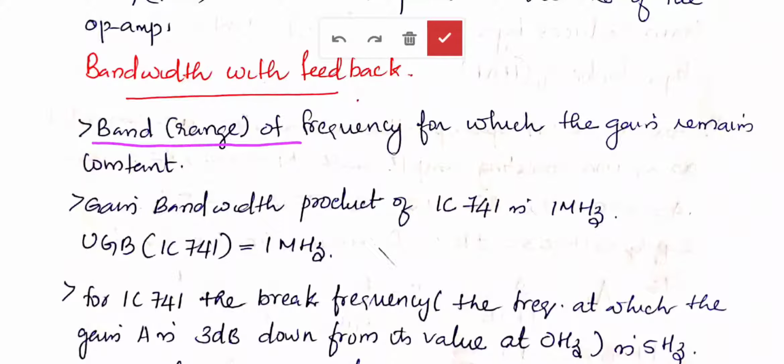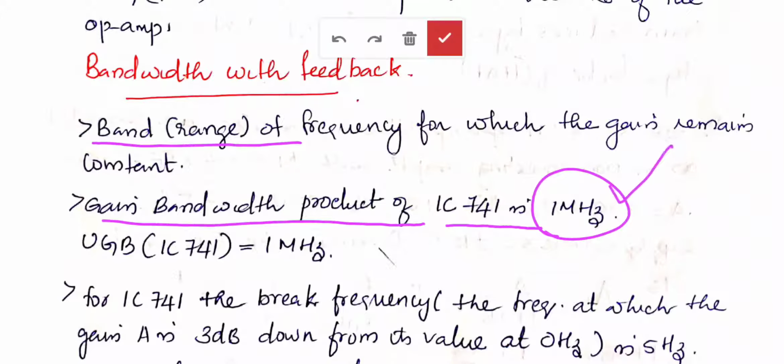Normally in this textbook we are dealing with two types of operational amplifier, one is IC741 and the other is IC351. The gain bandwidth product of IC741 is 1 megahertz. This value has to be kept in mind, because in problems they won't give it, you have to use it. So the unity gain bandwidth of IC741 is 1 megahertz.